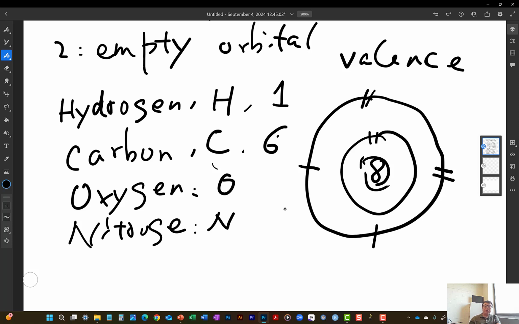This results in shell 2 of the oxygen with 2 pairs of electrons and 2 valence electrons here. And for nitrogen, this may be homework. You can figure out nitrogen.